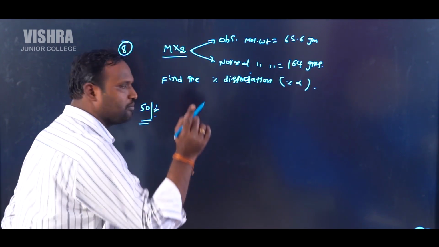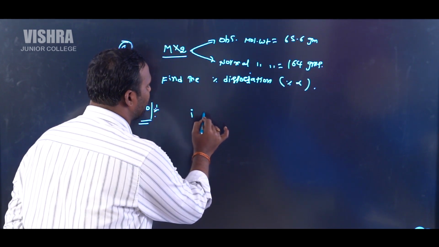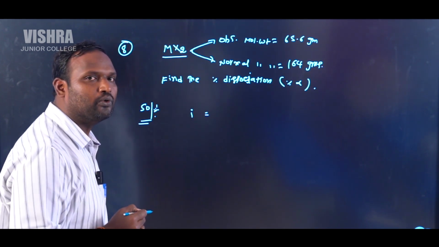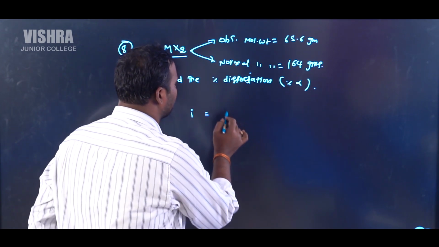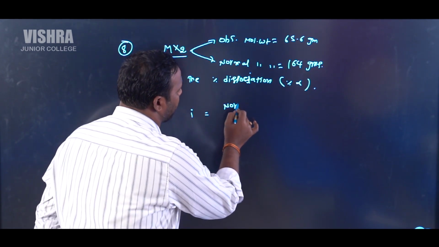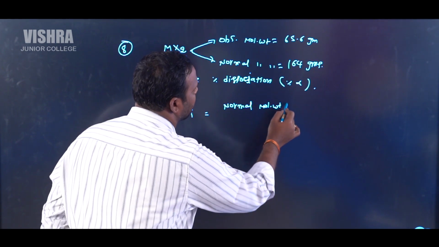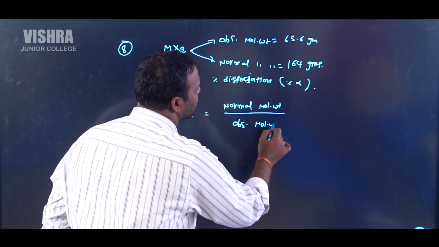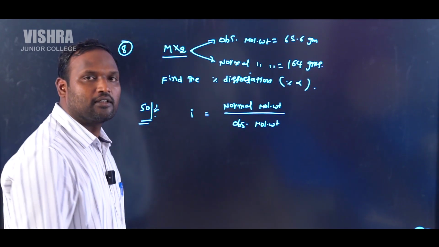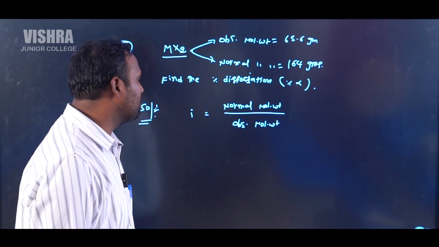Here we use an important term in solutions, the Van't Hoff factor i. The formula is i equal to normal molecular weight by observed molecular weight.